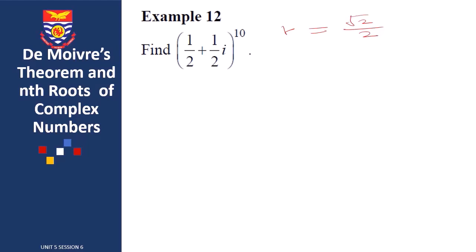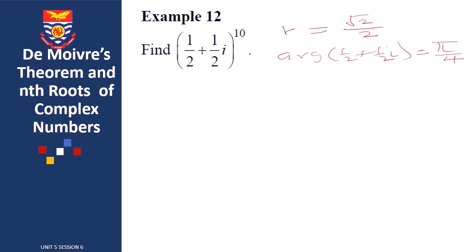The argument of 1/2 plus 1/2 i: they all lie in the first quadrant. So 1/2 over 1/2 is 1, tan inverse of 1, you get pi on 4.